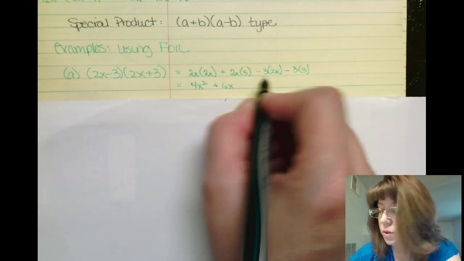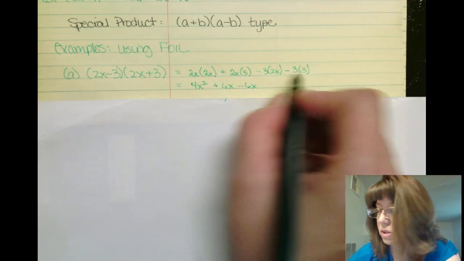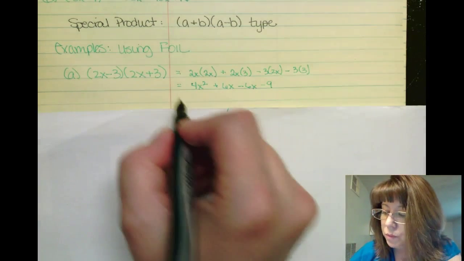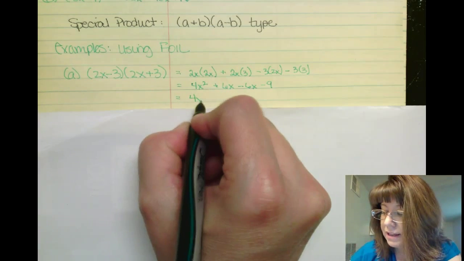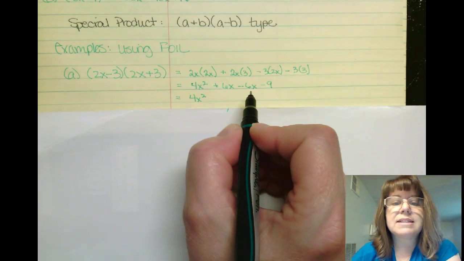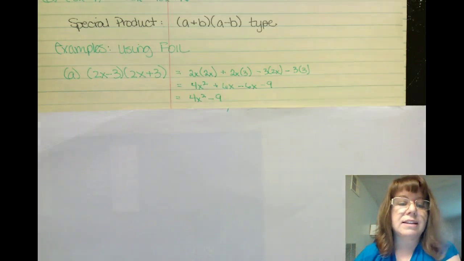Negative 3 times 2x is negative 6x. And negative 3 times 3 is negative 9. The last step to do is to combine like terms. So 4x squared, the positive 6x minus 6x is 0 x's. I'm left with negative 9.